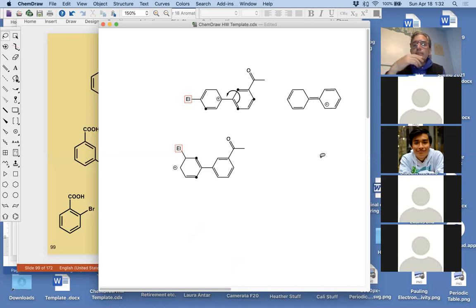So we don't need to consider the substituent here? Consider, I'm sorry, what? We don't need to worry about the carbonyl group when doing the resonance structure? Well, if you put the carbonyl group here, it would have a much more significant effect, because it's right where the positive charge is.